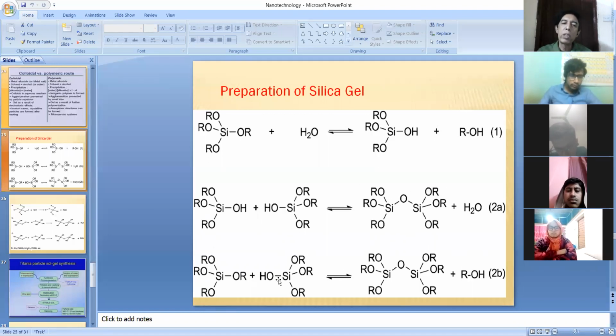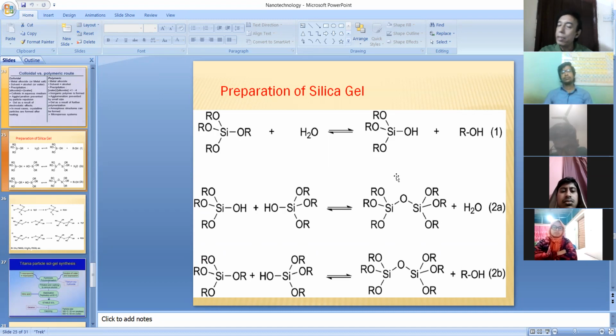And the condensation may be in different ways. One alkoxide and one alcohol can be condensed, or two alcohols can be condensed. If one alkoxide and one alcohol are condensed, then an alcohol is going out, but you will find the same product.